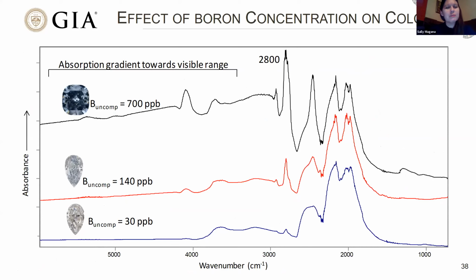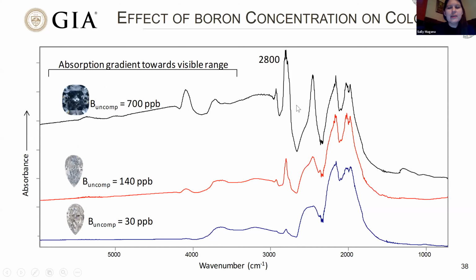And it doesn't require a lot of boron in order to give some rather intense colors. I mean, we're talking about parts per billion here, which is not a lot of boron in the stone, but it's enough to create these very vivid colors, such as this one here at 700 parts per billion.